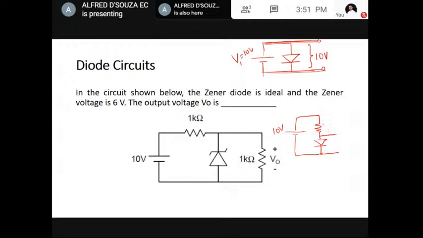We have a buffer resistor as well. So in this case, you will have to check whether the diode is forward biased or reverse biased. If it is forward biased, then the voltage across the diode is 0.7 volt if it is silicon. The remaining voltage will drop across the resistor.